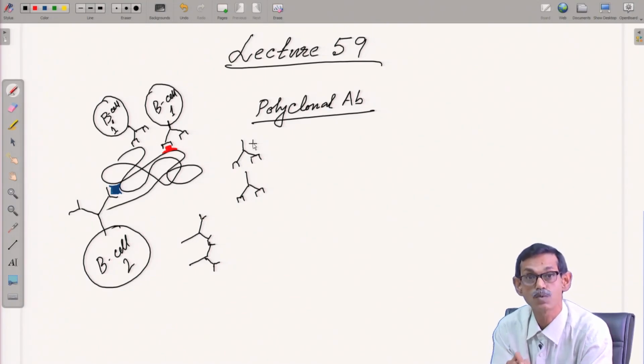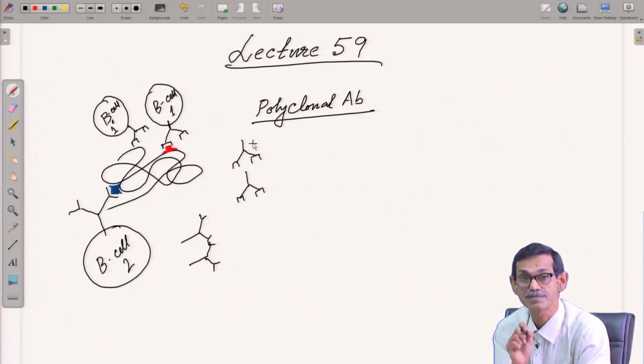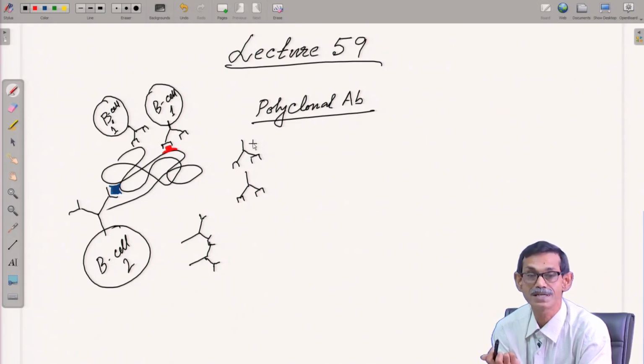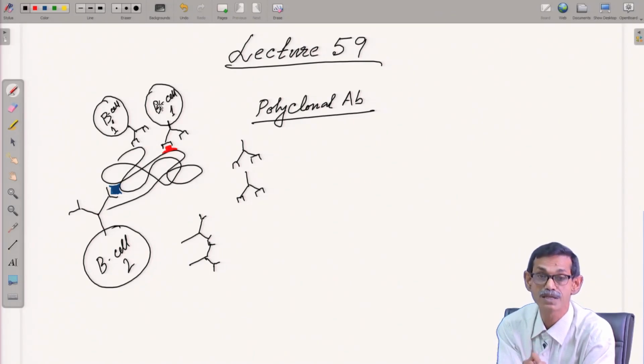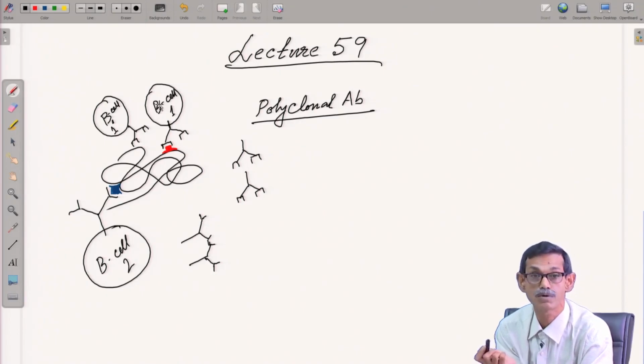Even if there is only one epitope, there is a very tricky question sometimes. If one antigen has only one epitope, whether the antibody produced in any animal is polyclonal or monoclonal, it is polyclonal, because multiple B cells, 1, 2, 3, 4, a multiple number of B cells may be activated and give the pool of total antibody coming from multiple B cells.